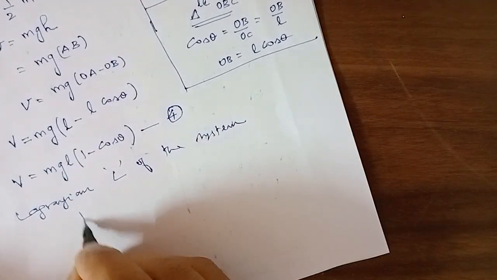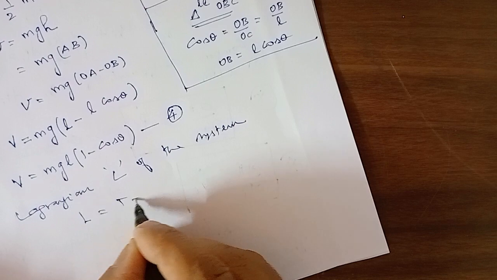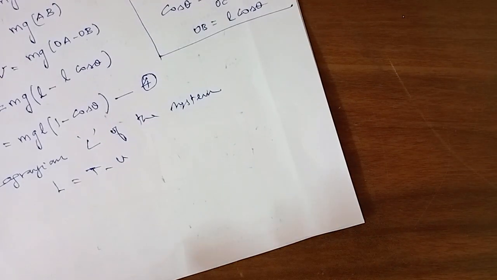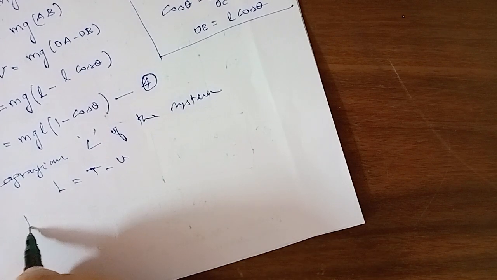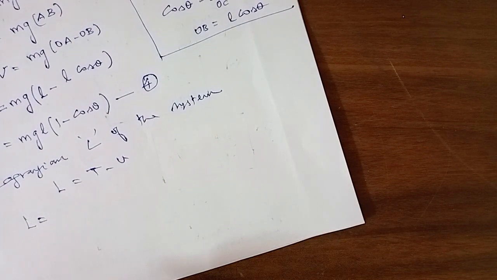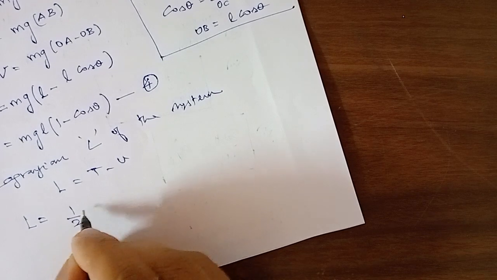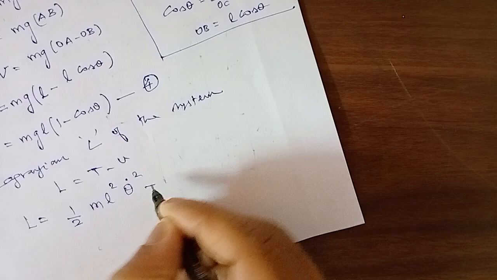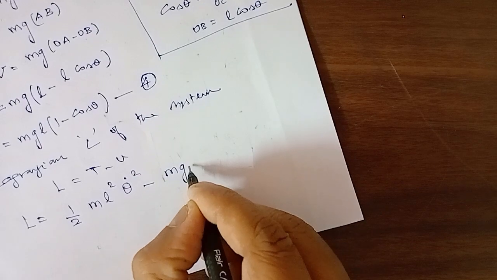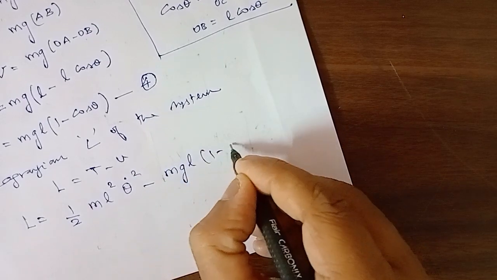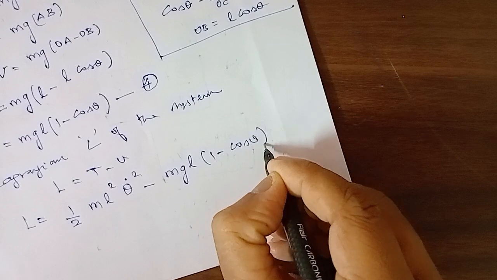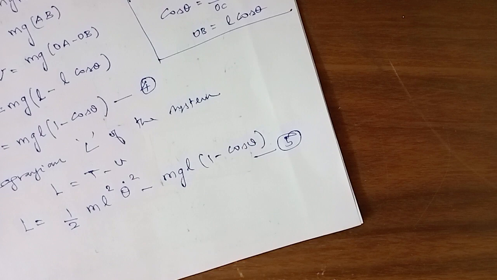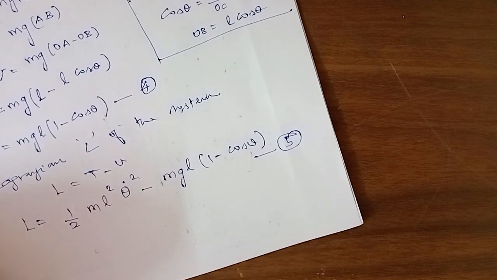We know that L is equal to T minus V. Therefore L is equal to, what is the T value? Half into m into L square into theta dot square minus V, which is m g L into 1 minus cos theta. We make it equation number 5.